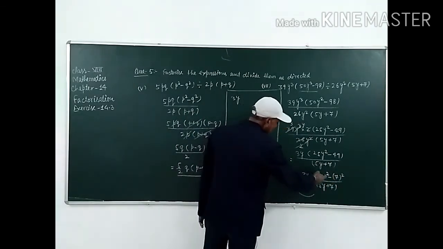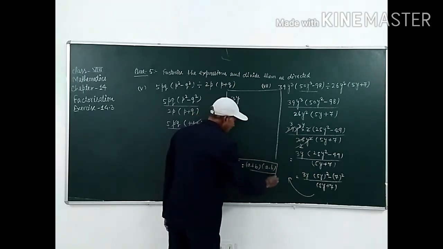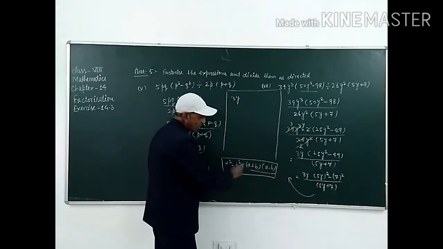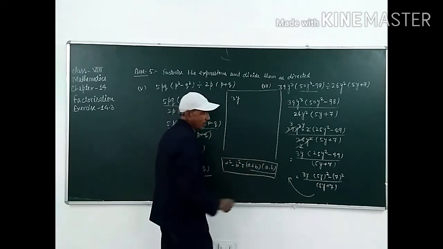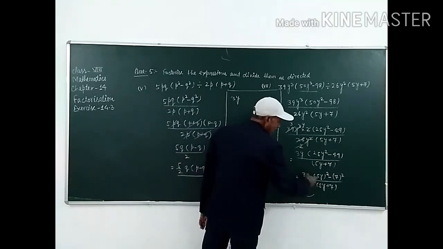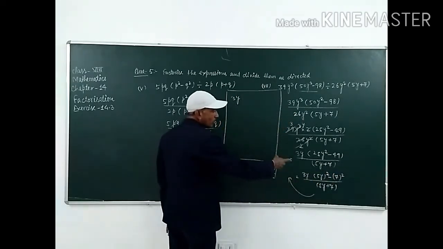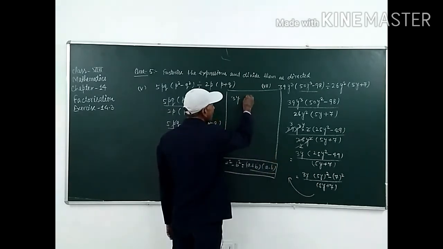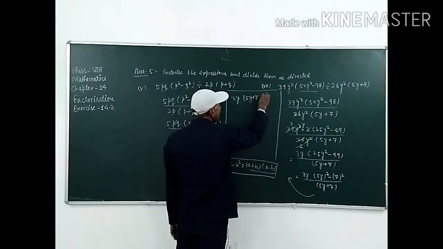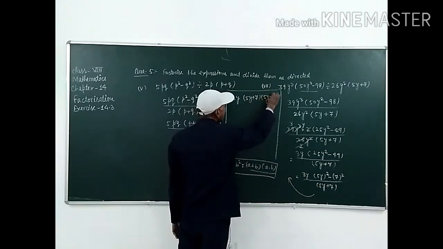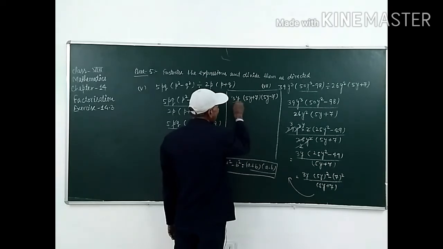Students, we have to use the identity a square minus b square equals a plus b into a minus b. So in place of a there is 5y and in place of b there is 7. So this will be 5y plus 7 in one bracket and 5y minus 7 in another bracket, divided by 5y plus 7.